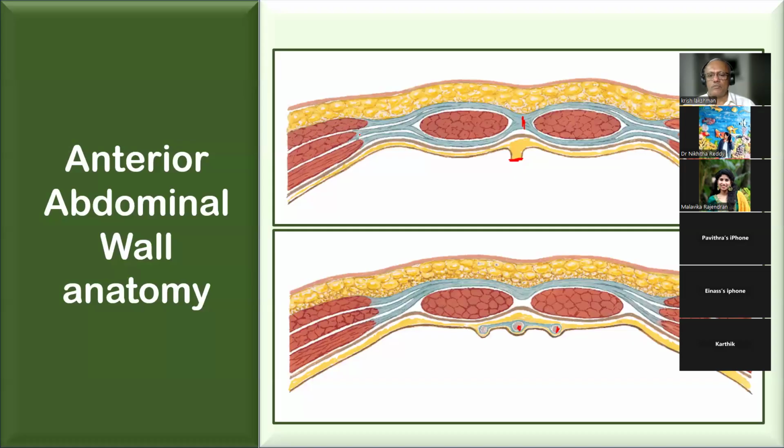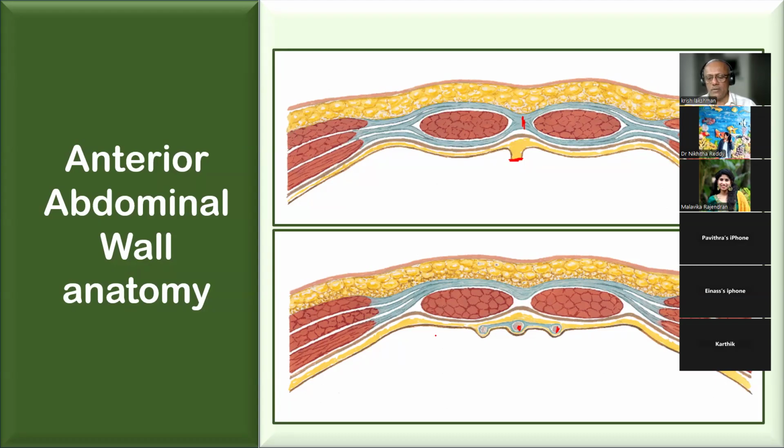The fascia of internal oblique splits into two, goes on either side of the rectus abdominis and meets again in the midline, meets up with the anterior sheath and the posterior sheath, which is formed by the transversus abdominis and the split portion of the internal oblique, and all of them meet in the middle to form the linea alba.